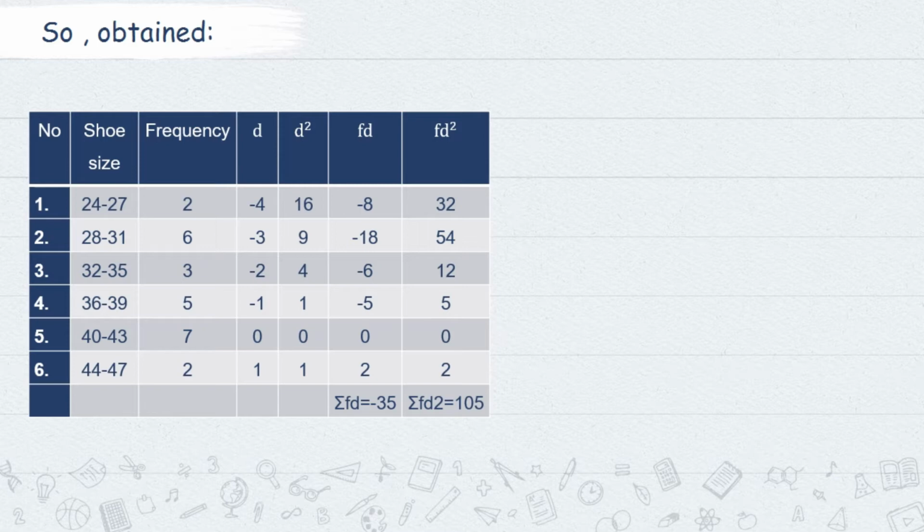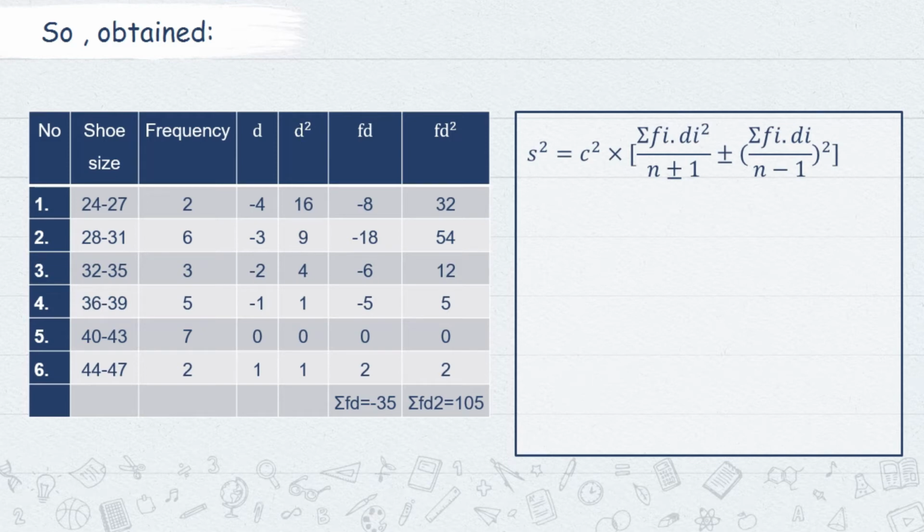Number 6, the shoe size between 44 until 47, the frequency is 2, the deviation is 1, the deviation square is 1, frequency multiply deviation is 2, the frequency multiply deviation square is 2. So, the sigma frequency multiply deviation equals -35 and sigma frequency multiply deviation square equals 105.